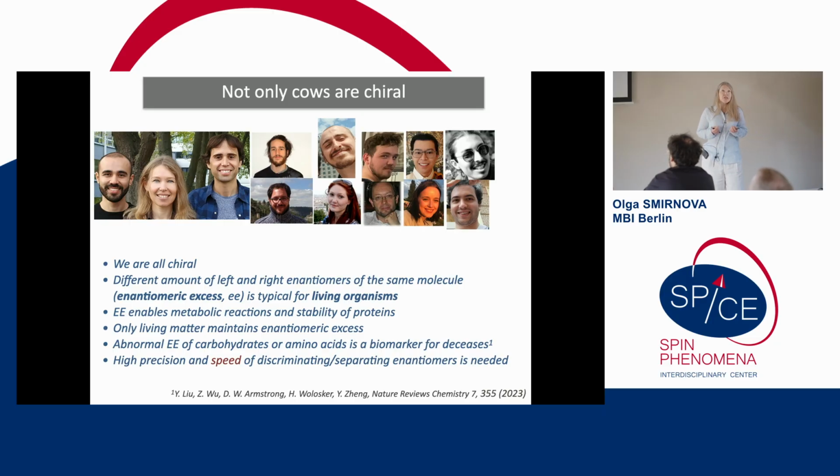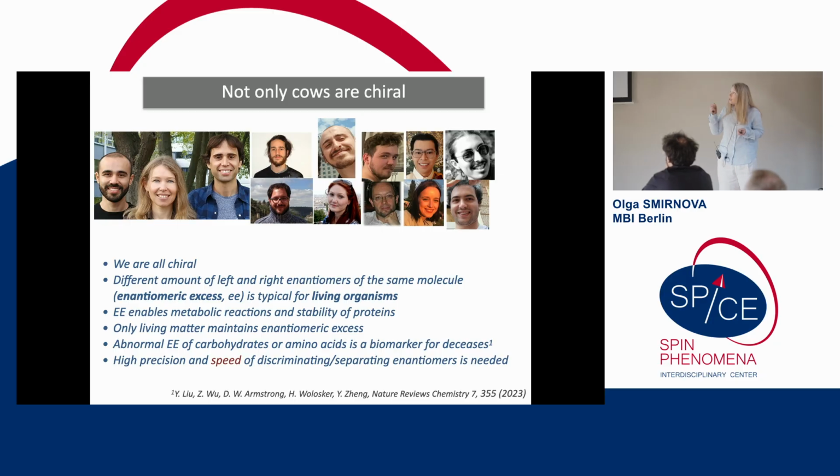And what is interesting is that there are new investigations, new ideas reported, that you can actually use the enantiomeric excess, which is the difference in the concentration of left and right molecules in biological liquids, to detect various diseases. So they can be very sensitive and even personalized chiral biomarkers.